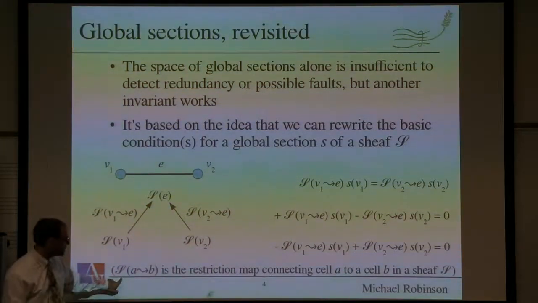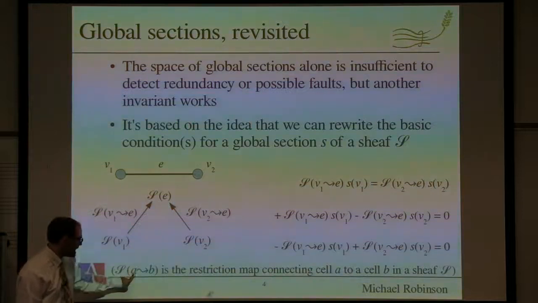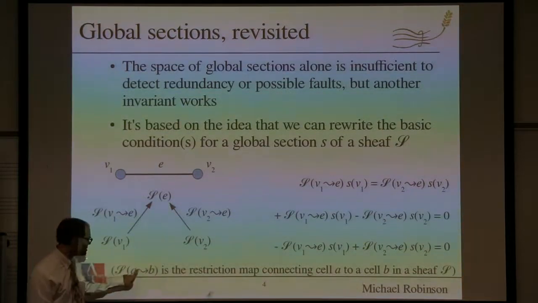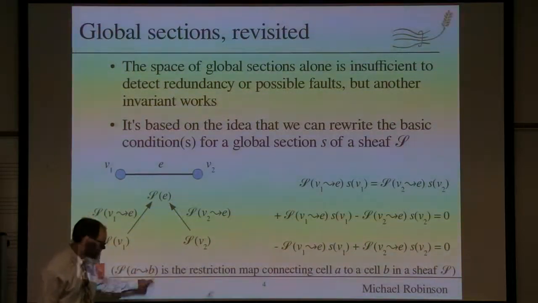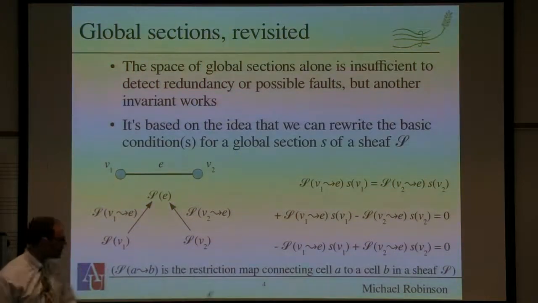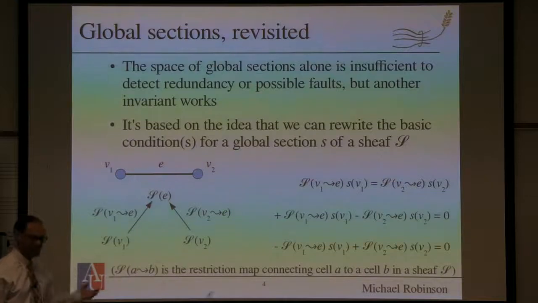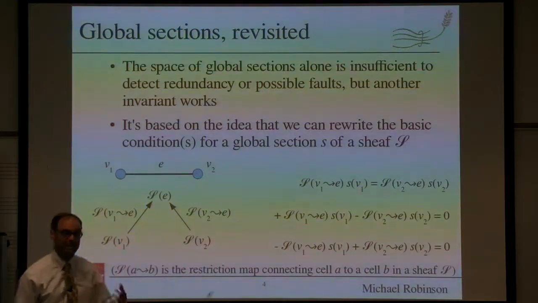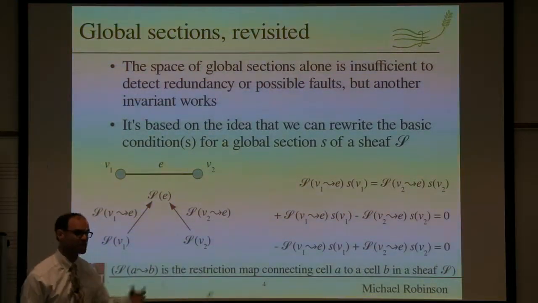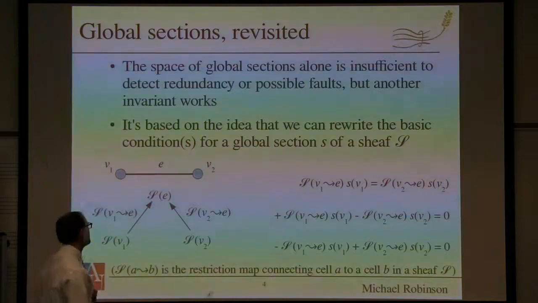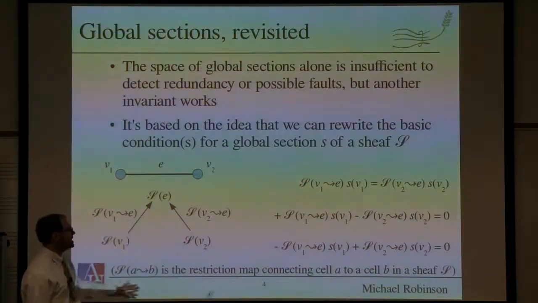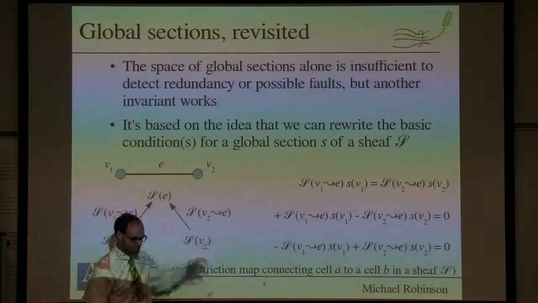Script S is for the sheaf, and then this is read A attached to B. This is a lower dimensional face. This is a higher dimensional face. So this is the restriction map that connects a cell A to B, or a simplex A to B, B being the higher dimensional one, A being the lower dimensional one. So in particular, this is the restriction map from V1 to edge E, and this is the restriction map from V2 to edge E.